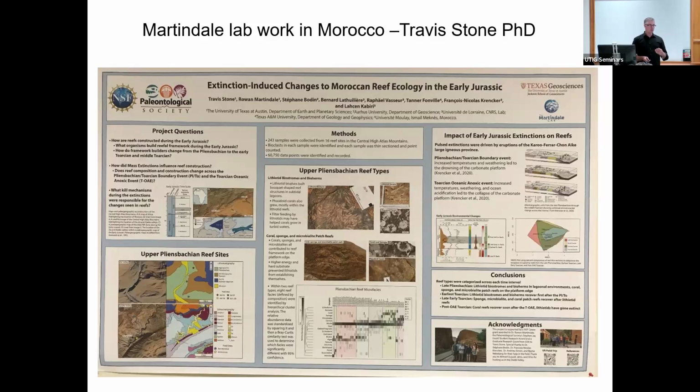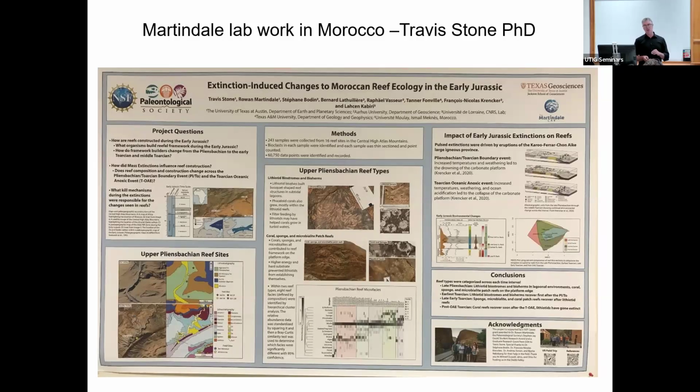Then those are knocked out by the CIE event, or Oceanic Anoxic Event time. So they were hit again. And in your model, that could have been, what do you say here? You've got an idea of maybe acidification and warming as the kill mechanism for the coral reefs.